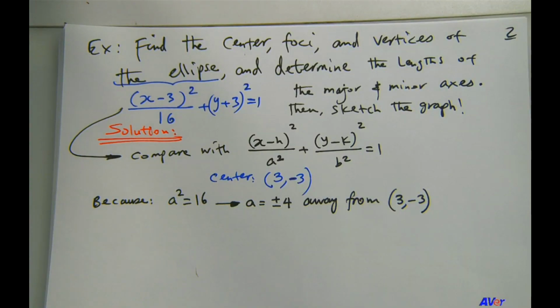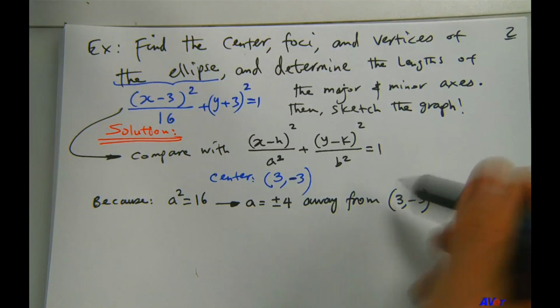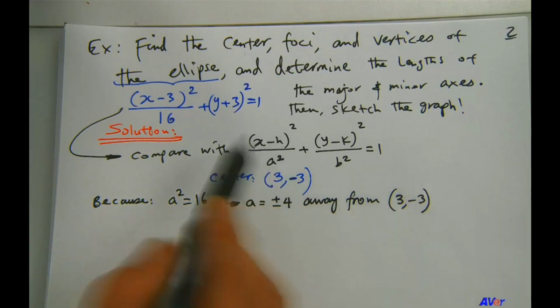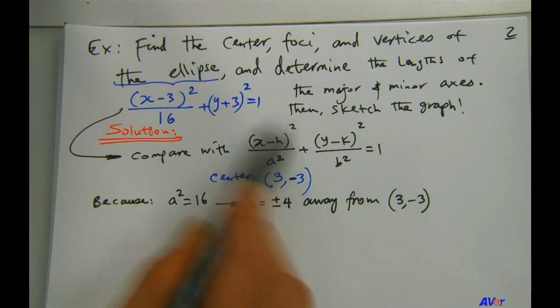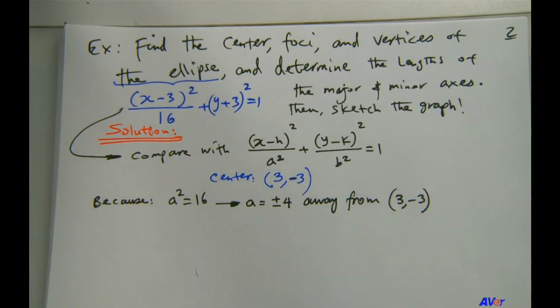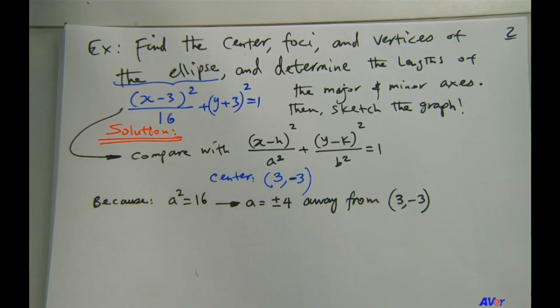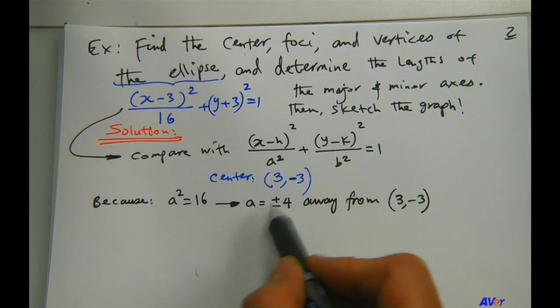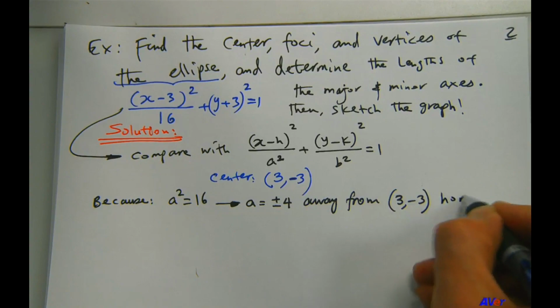Horizontal or vertical? Well, the quantity associated with the major axis, which is a, is under the x squared term for this equation. So that means our ellipse is horizontal, and the major axis should be along the horizontal direction. So a would be plus or minus 4 away from this in the horizontal direction. So horizontally.